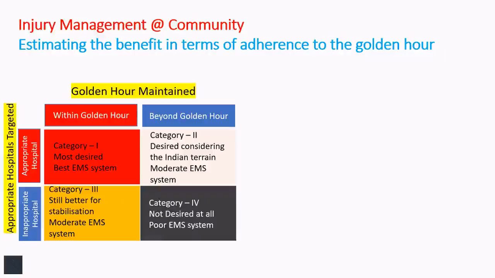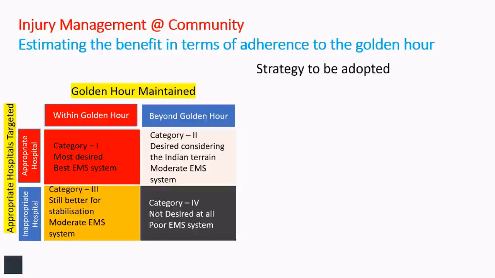These four quadrants will tell us the story about the efficiency in managing the patients in that time period. If we have a better percentage of cases in category 1, we'll assume that this EMS system is good. If we have more cases in category 4, we consider this system needs huge improvement.